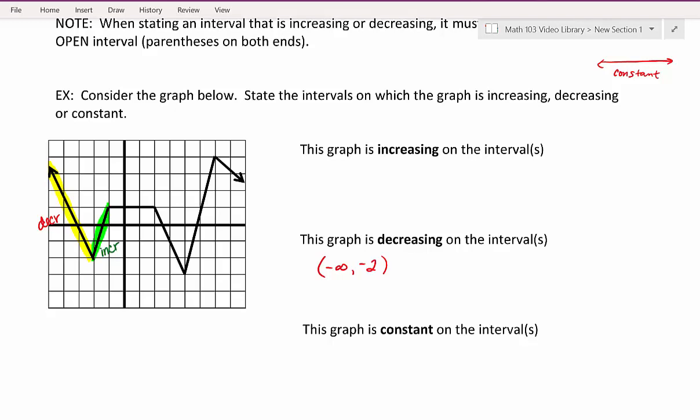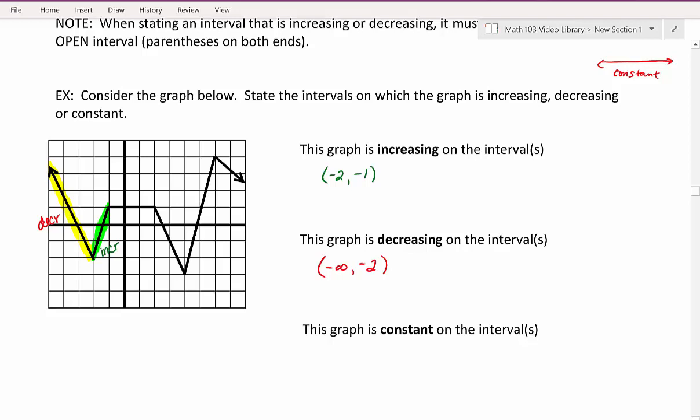The very smallest x value right here when we start increasing is negative 2, and the largest x value on this piece right here, negative 1. We are increasing on the interval from negative 2 to negative 1.